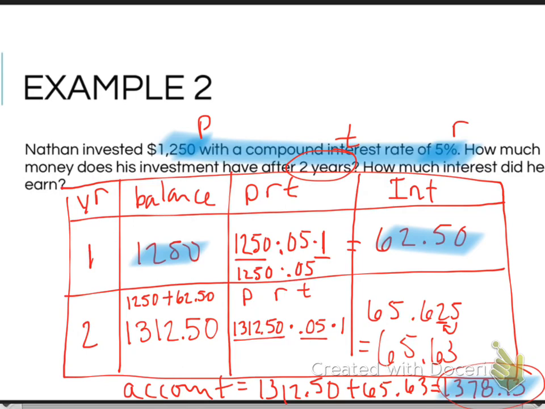When y'all come back to class, we will be able to dive more into how to do compound interest.